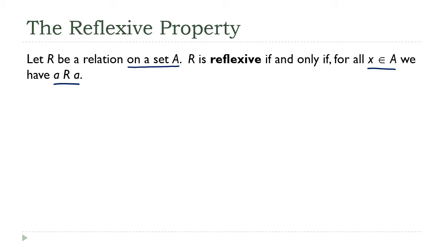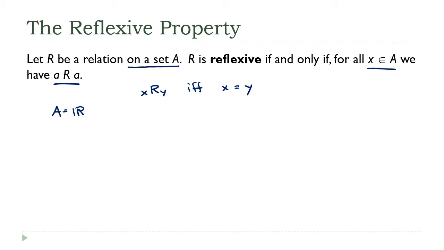Suppose we have a relation where we say X is related to Y if and only if X is equal to Y. Right? This relation would be reflexive because if you pick, sorry, I should have defined a domain here, right? So let's say A is the set of real numbers.